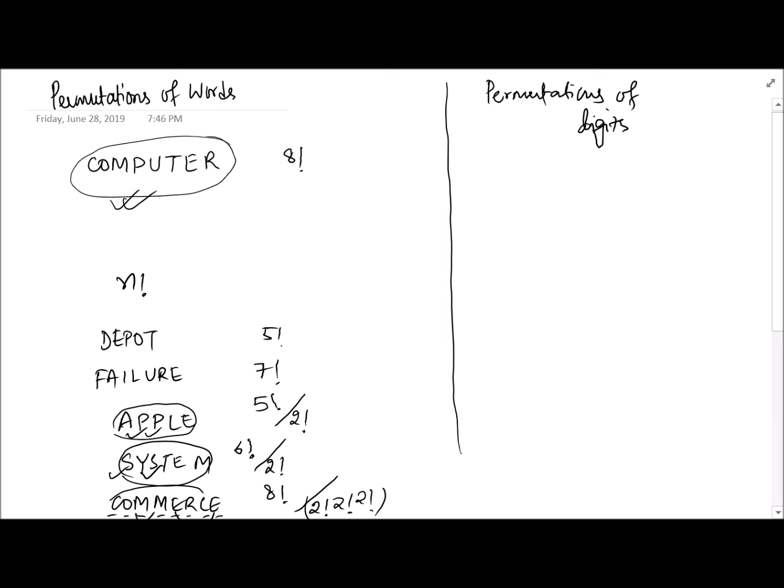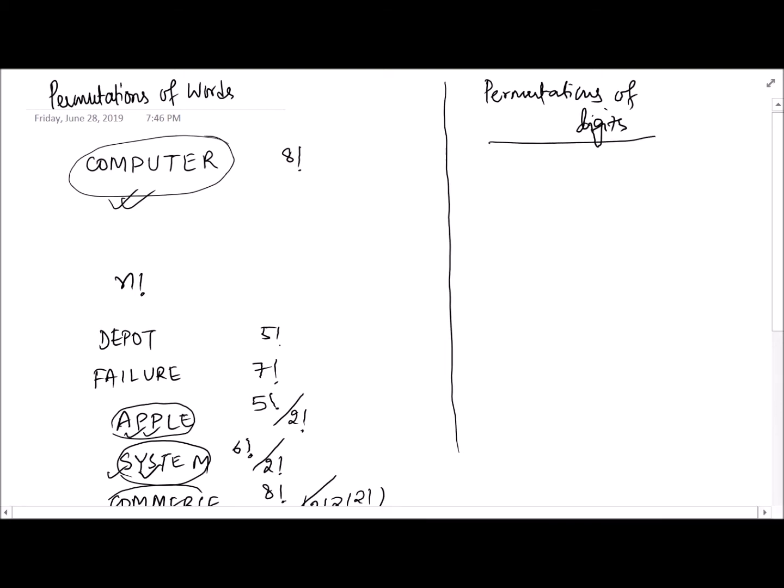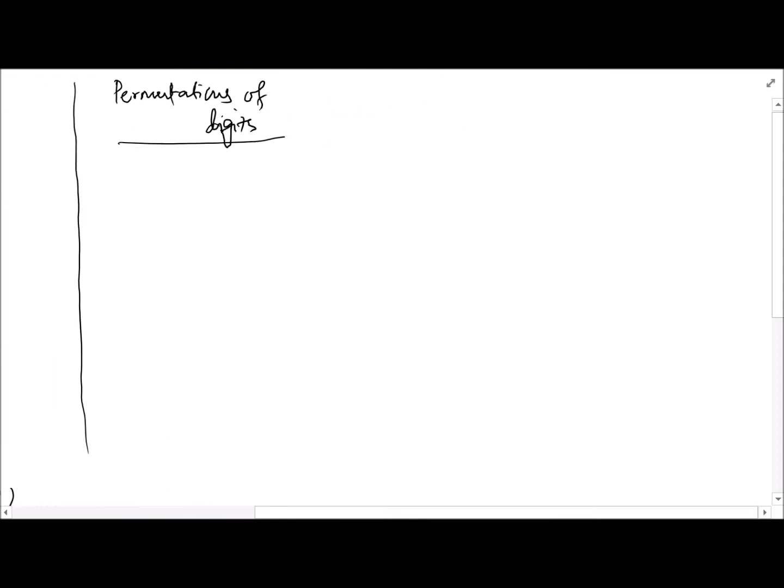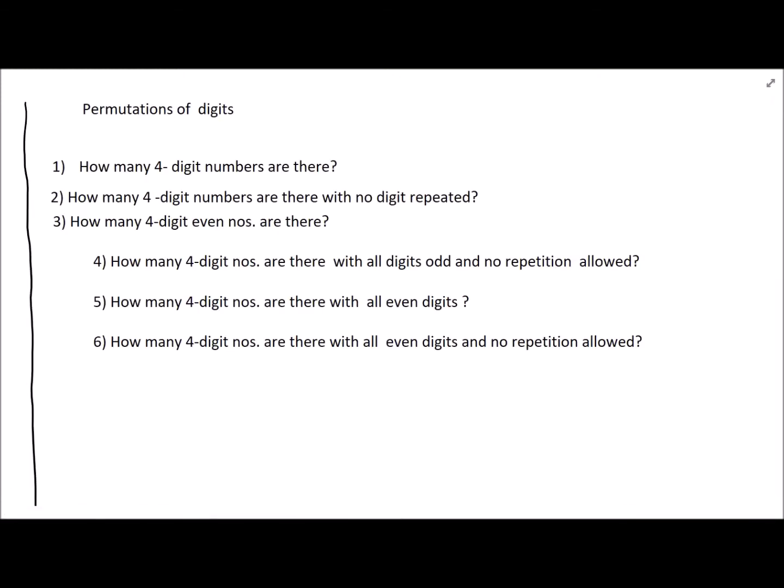Okay, now permutations of digits. This is a completely different topic and I am writing a few questions here. How many four-digit numbers are there? This question you might be already familiar with. You answered this question in your childhood.